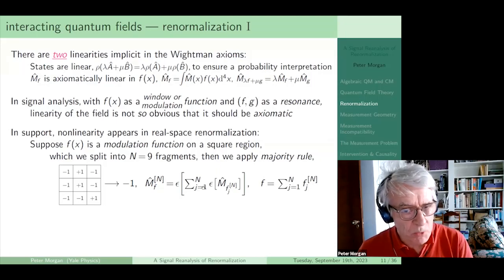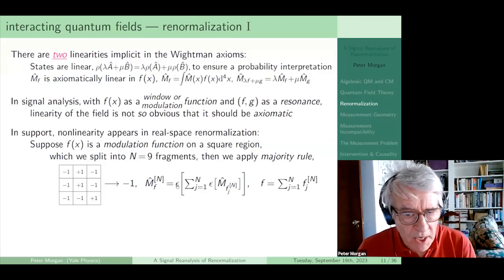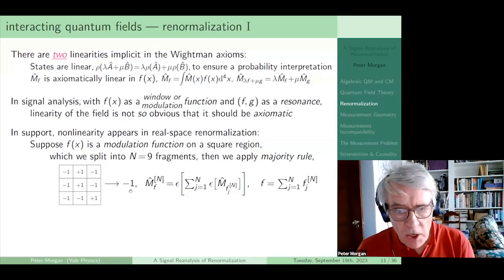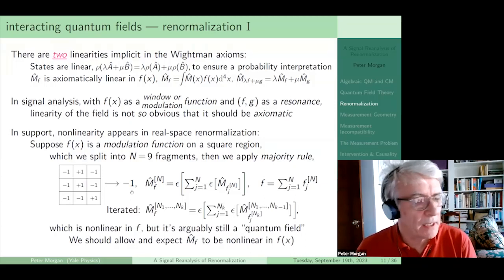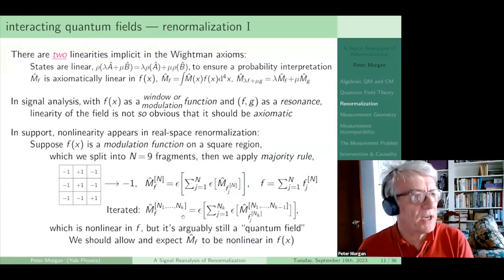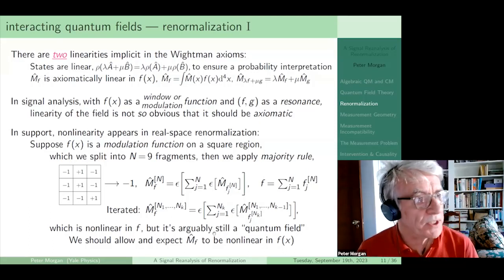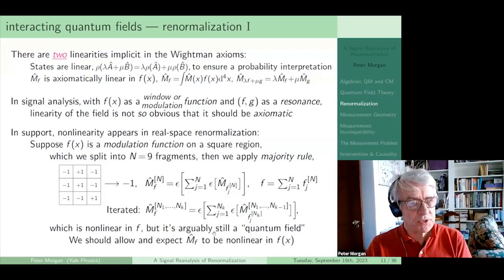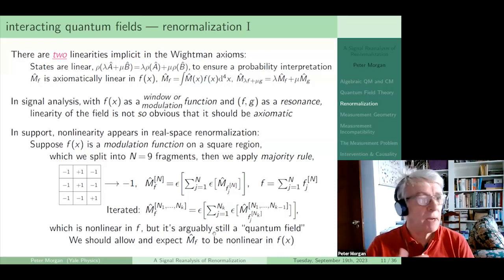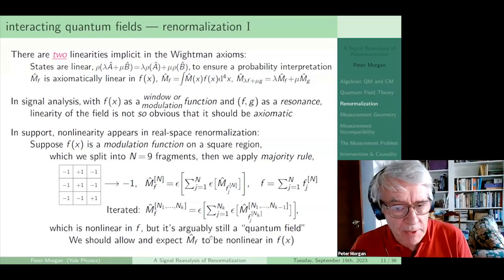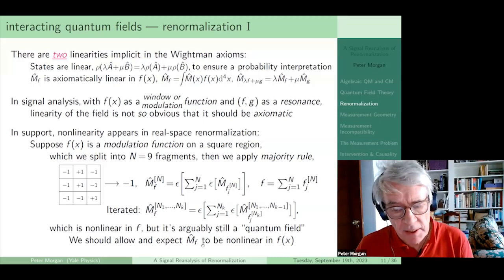We add those plus or minus ones together, and we get either plus or minus 1 because we project to either plus or minus 1. So this is an obviously nonlinear construction. We iterate it many times when we do real space renormalization, but it's arguably still a quantum field, and it particularly still, by construction, satisfies microcausality, because it's entirely local to the support of f that we started with. So this suggests, I think, that we should allow and expect F measurements to be nonlinear in the test functions.